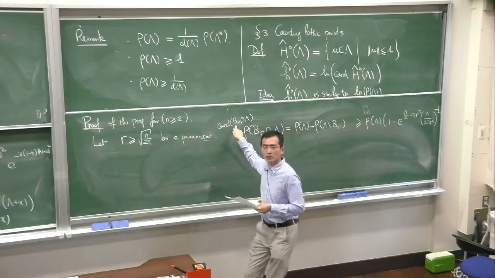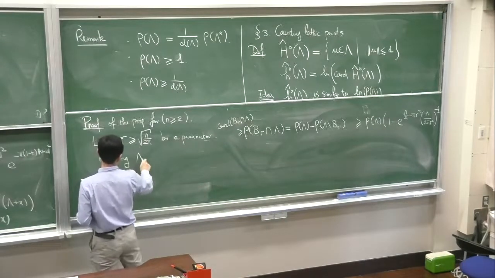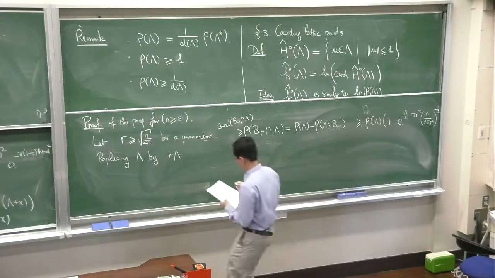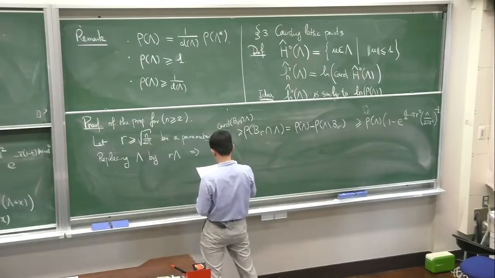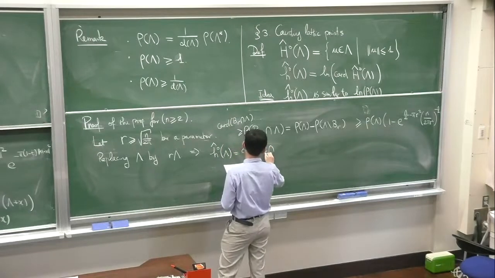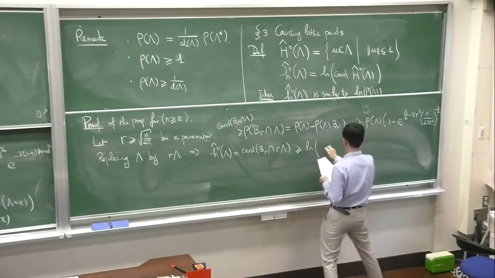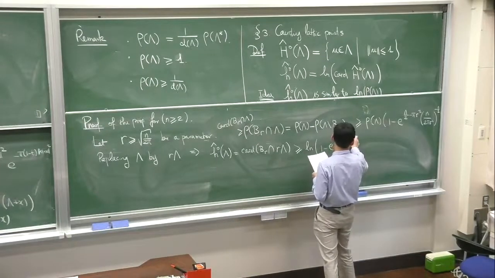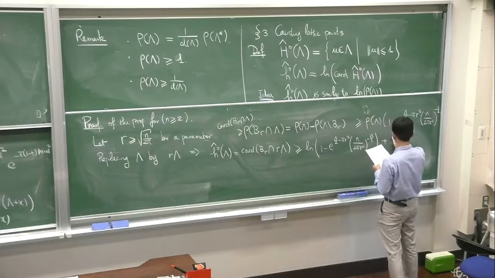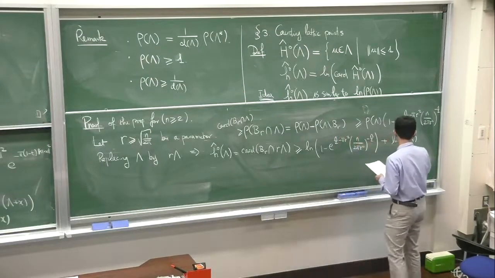So now you have a B_R here. It's not good, you need a B_1. So replacing lambda by r lambda, and then you are counting B_1. So you will produce that H0 hat of lambda, the cardinal of B_R intersection with r lambda, is bounded from below by a log of such a thing, 1 minus e^((n/2) - pi r^2) (2 pi r^2 / n)^(-n/2), plus log of rho of r lambda.